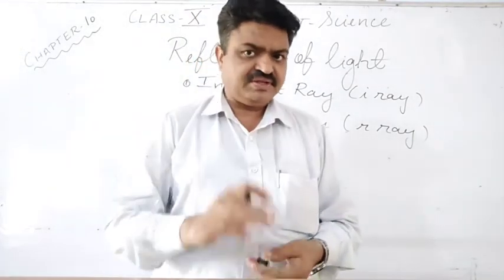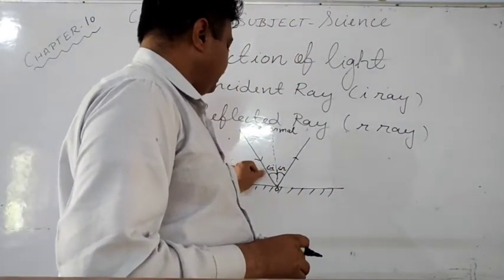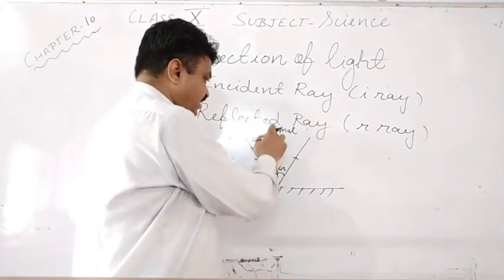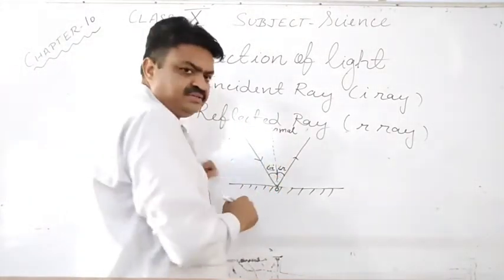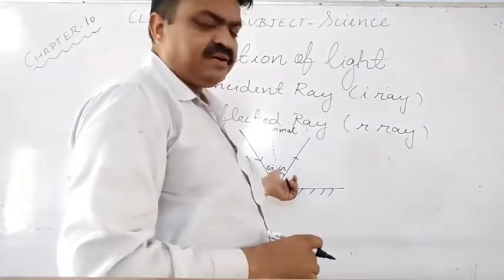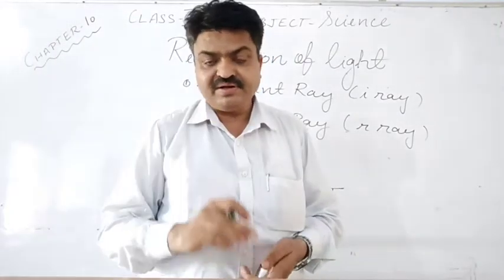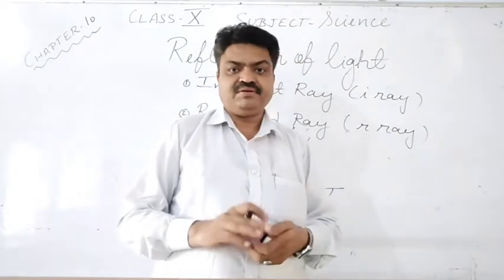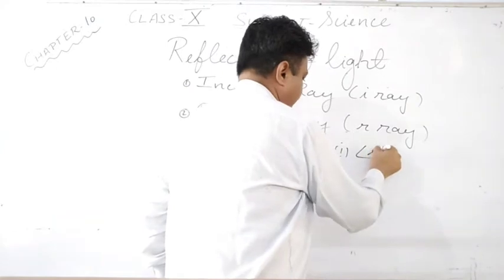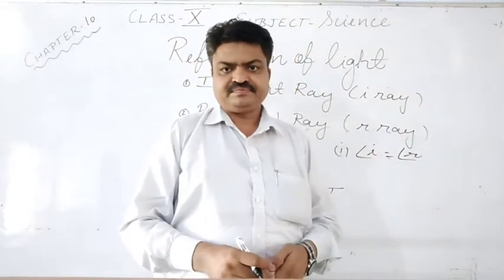According to the first statement, the incident angle, meaning the angle between the normal and the incident ray, is always equal to the reflected angle at the normal. It is the first law of reflection. The incident angle is always equal to the reflected angle.